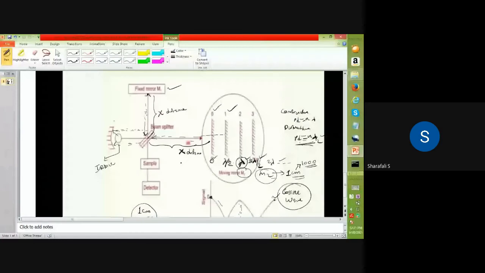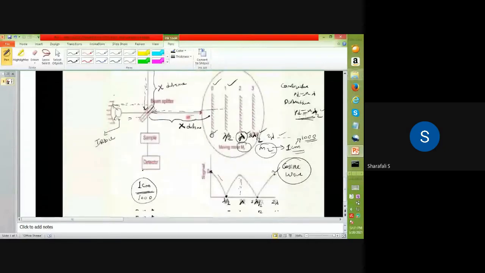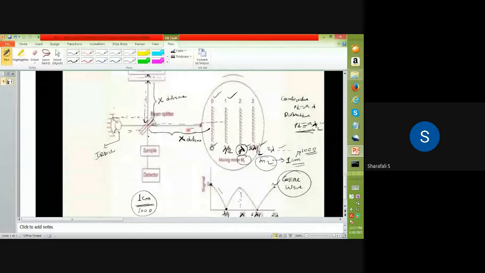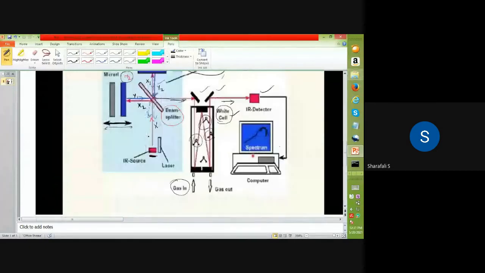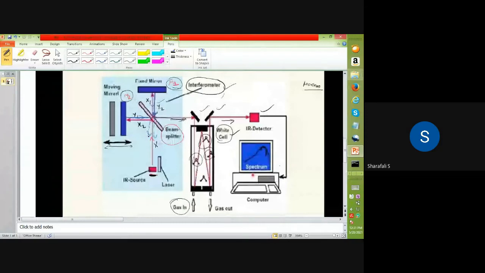In that case, we will be having very complex spectra, and that spectra will be going to the sample. Some of them will be absorbed by the sample, and the remaining radiation will be going to the detector, by using that photo detection method or that temperature detection method.